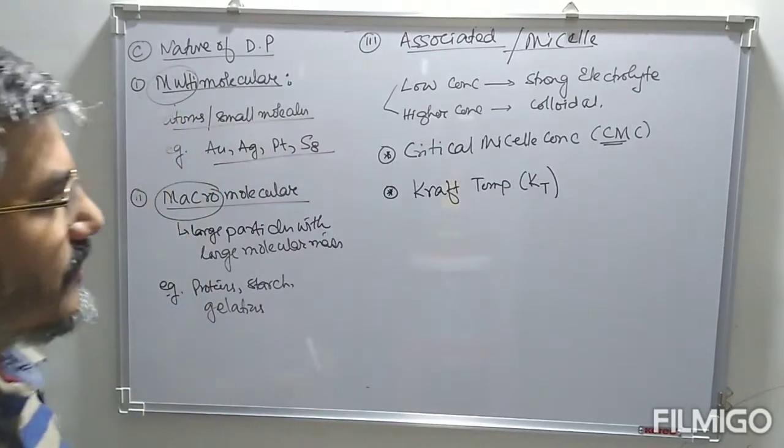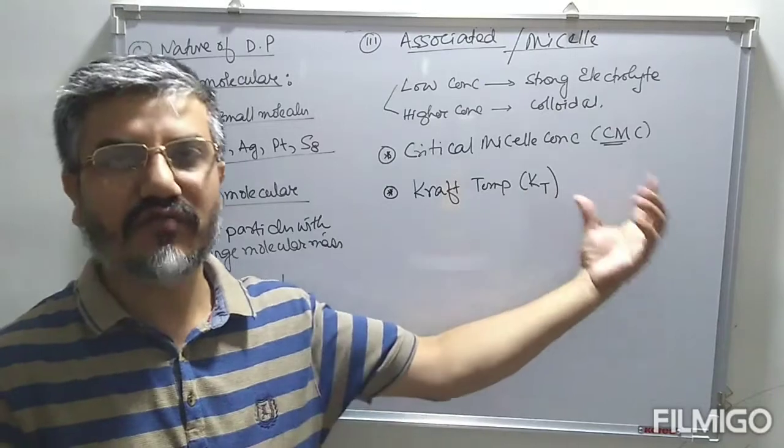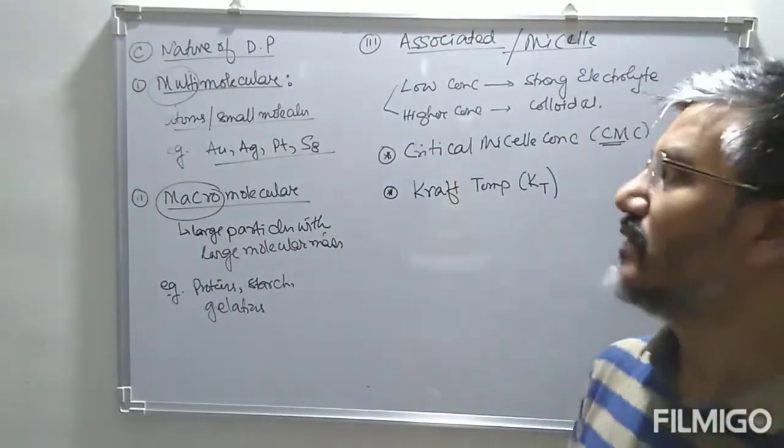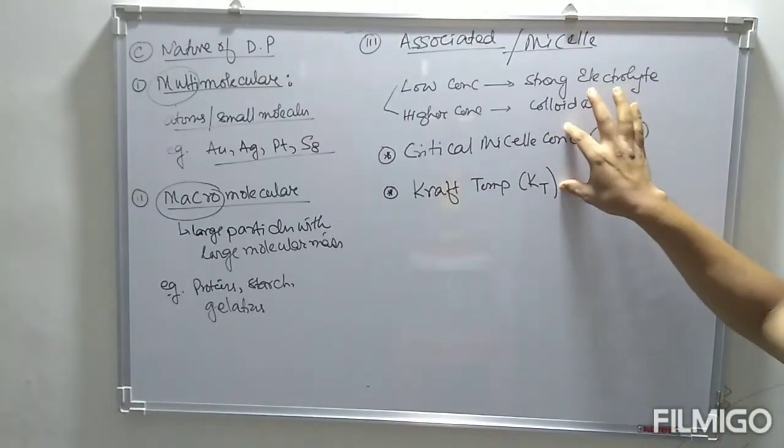So this Kraft temperature is defined as the temperature above which the micelle formation takes place. So these are the conditions required for micelle formation.